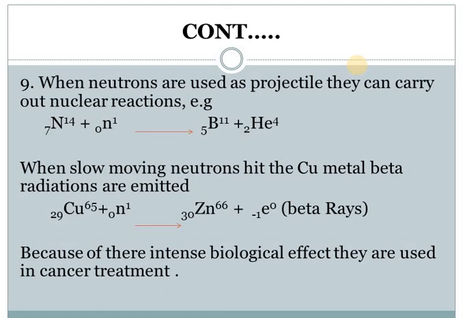They will convert that nitrogen to boron with atomic number 5 and atomic mass 11, with helium of atomic number 2 and atomic mass 4, or you can even say that alpha rays are given out. Sometimes they ask you to prove by the help of an equation that after the hitting of neutron, alpha rays or helium nuclei are given out.